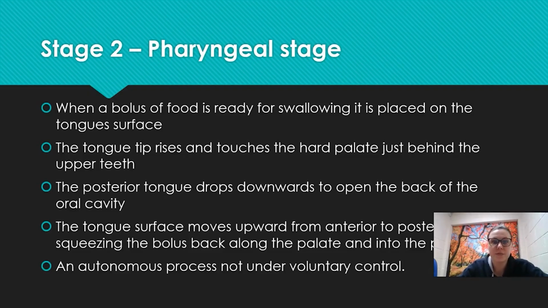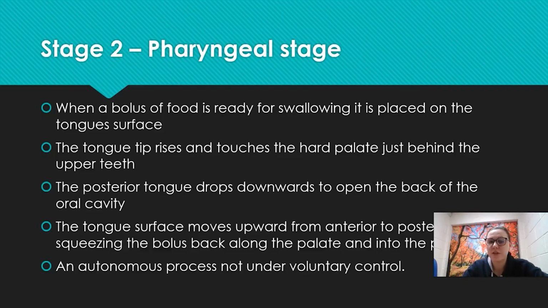So the second stage we have here: when the food is prepared to be swallowed, we call that the bolus of food. When the bolus of food is ready for swallowing, it's placed on the tongue surface, and then the tongue moves in a certain way. The tongue tip rises to touch the hard palate in the mouth, which is just behind the upper teeth, and then the back of the tongue drops down to open the back of the oral cavity.